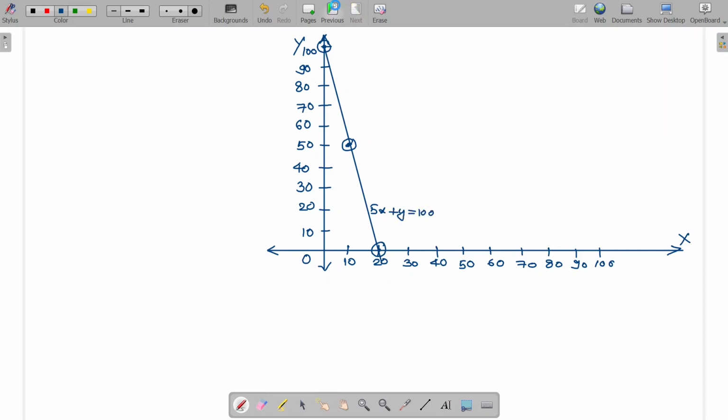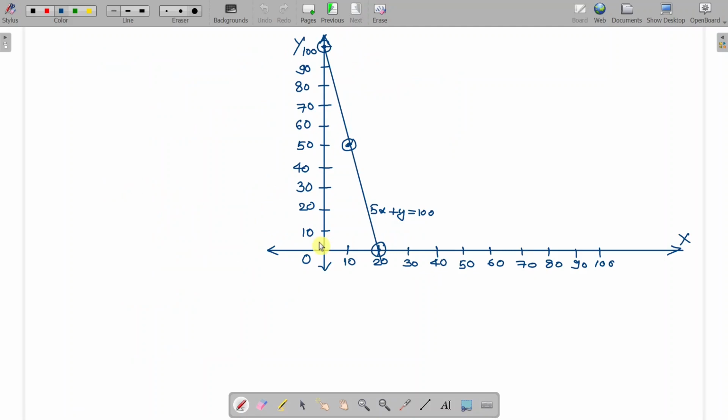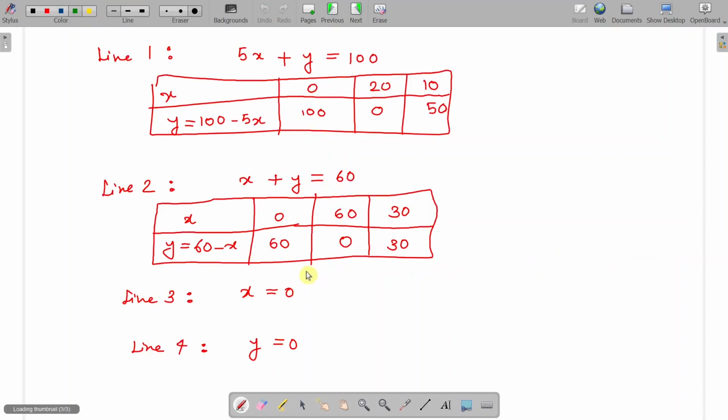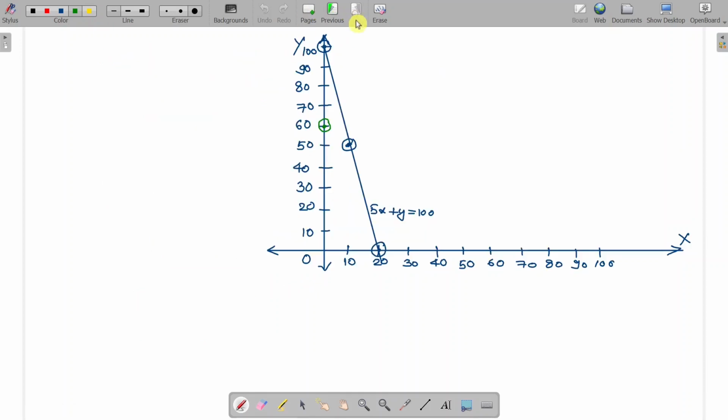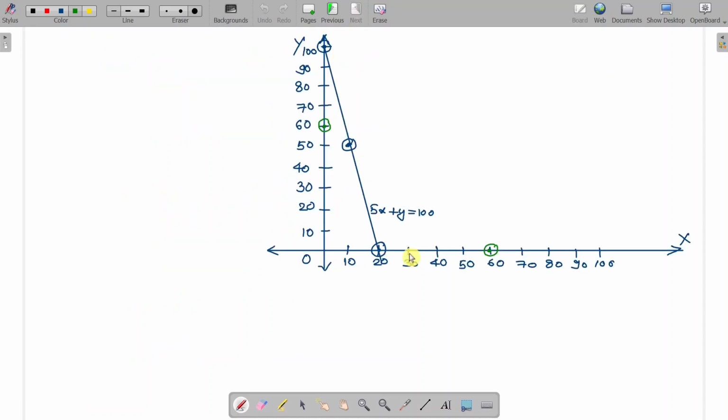Okay, now let us draw line 2. So when x is 0, y is 60. When x is 60, y is 0, and when x is 30, y is 30.